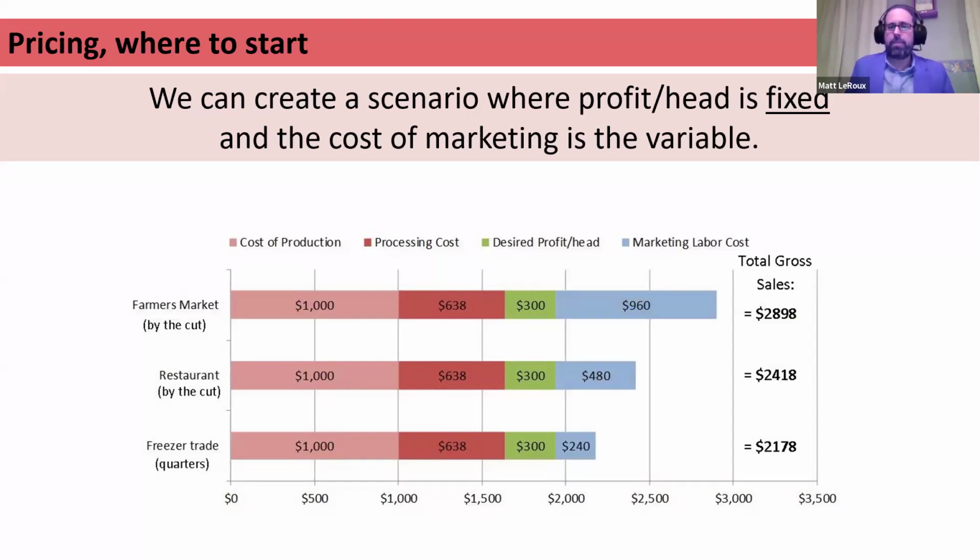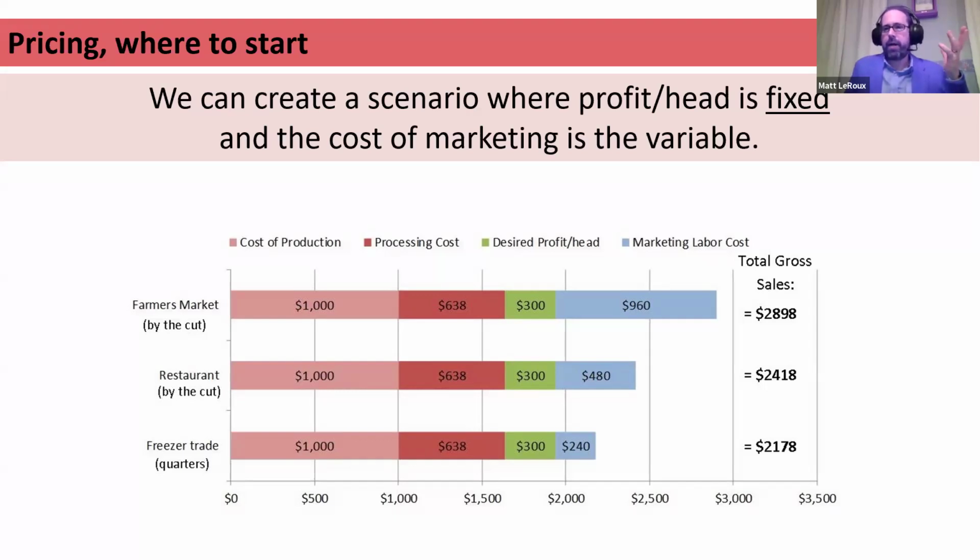These are made up numbers, but here I am estimating that it's going to take me half the time to sell the same quantity to a restaurant customer because it's wholesale. I have an order minimum. They have to place a weekly order. I make the delivery. So my marketing cost is half that of the farmer's market where I have to go set up, stay through the whole market, pack up and drive home, right?